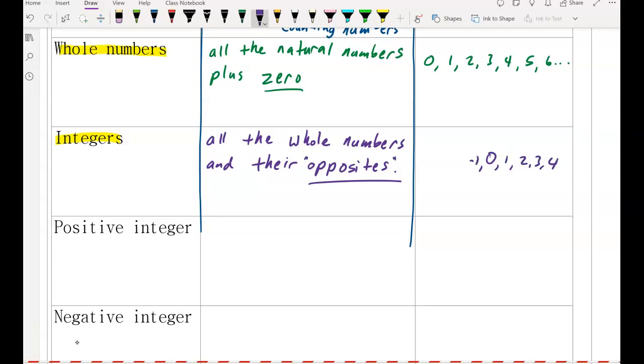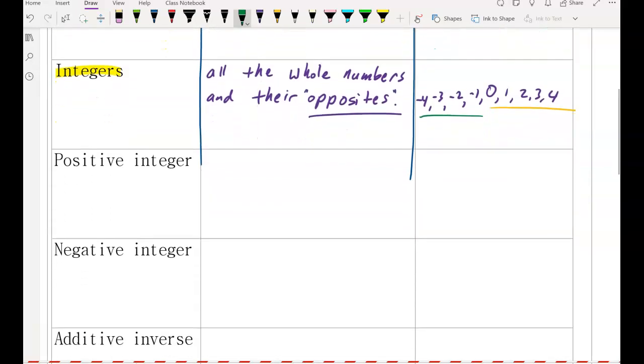But then down here we have -1, -2, -3, and -4. So we have all of the whole numbers, and then we have all of their opposites. Those are the integers. As you can see, they are positive and negative.